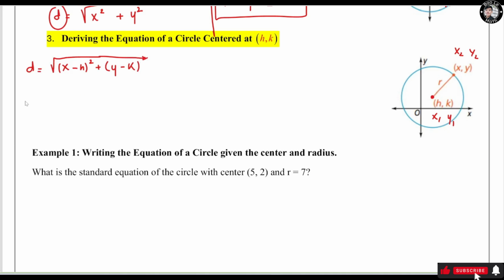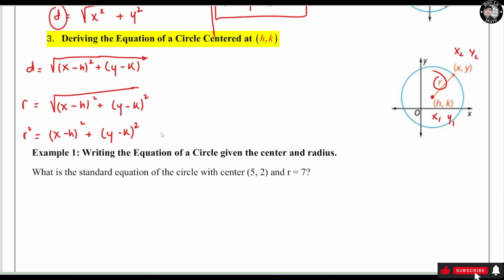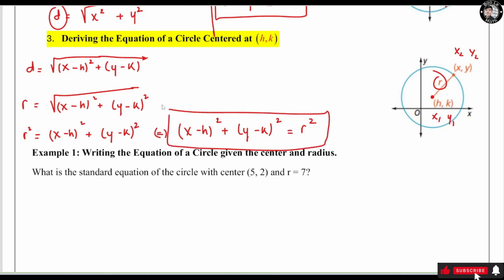Now d is actually the radius, so radius equals the square root of x minus h altogether squared plus y minus k altogether squared. Now we're going to square both sides, so we have r squared equals x minus h altogether squared plus y minus k altogether squared. Now we just swap this one, so it could be x minus h altogether squared plus y minus k altogether squared equals radius squared. This one has been proved.